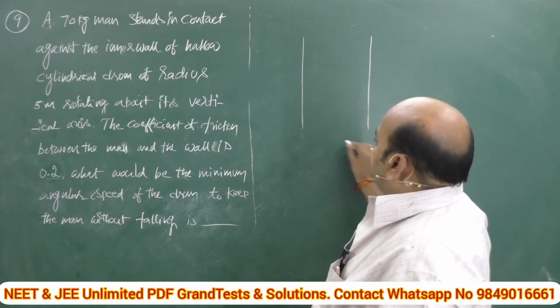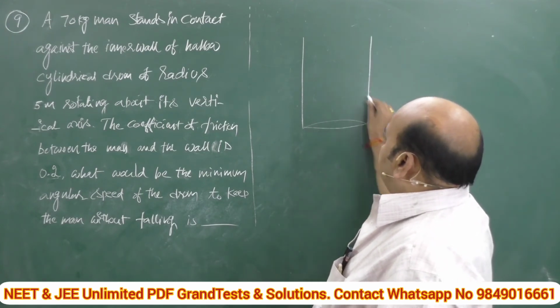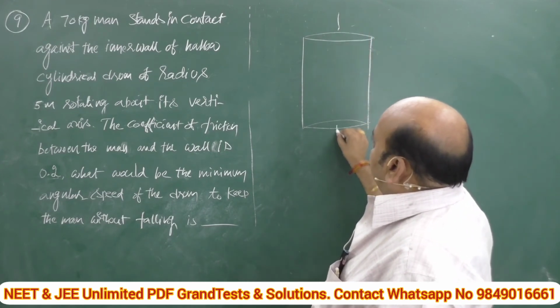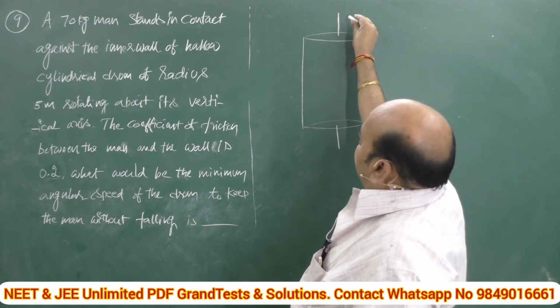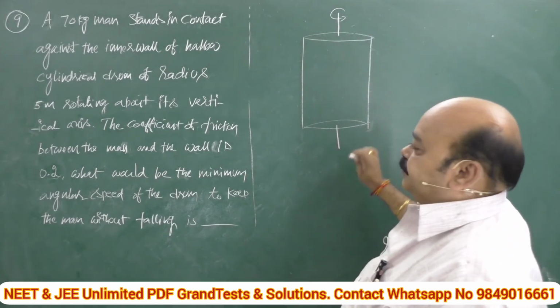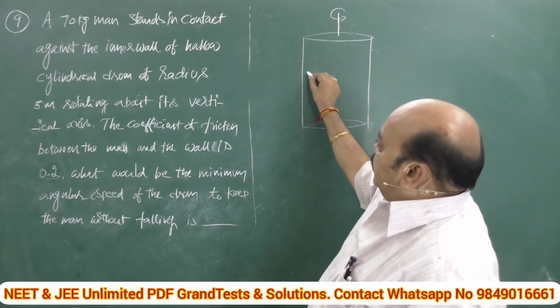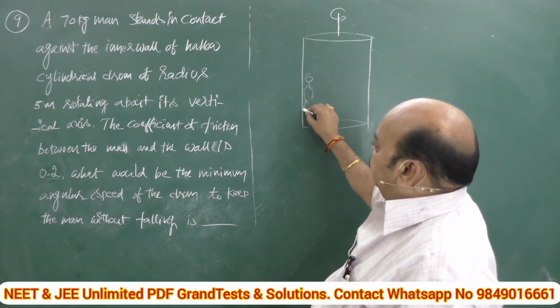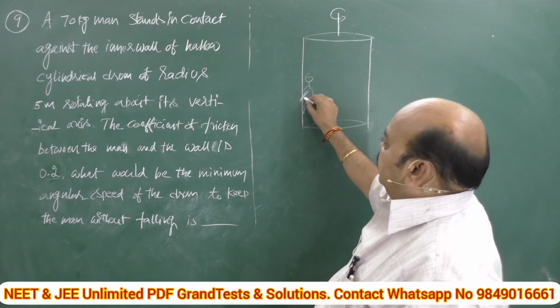This is a drum. Vertical axis means this is the axis of rotation. That means around this it is rotating. A man is against the walls, this is the condition. He is like this.